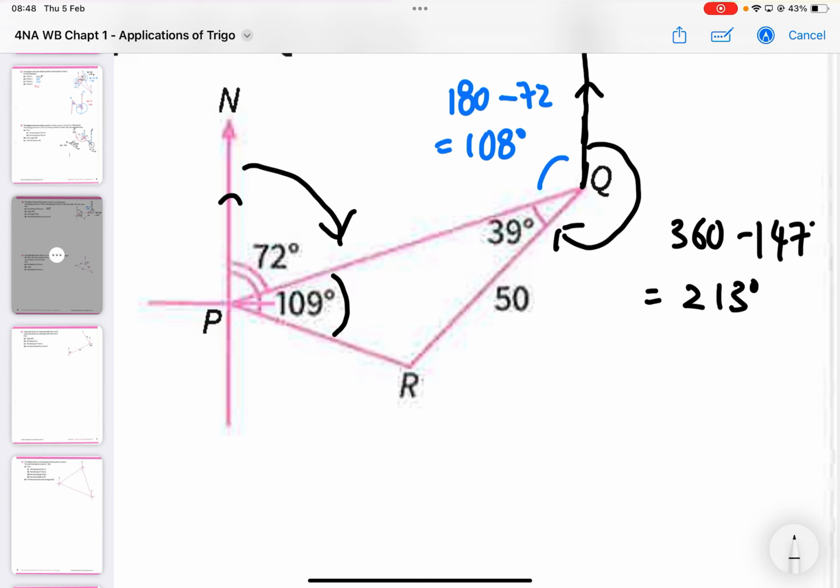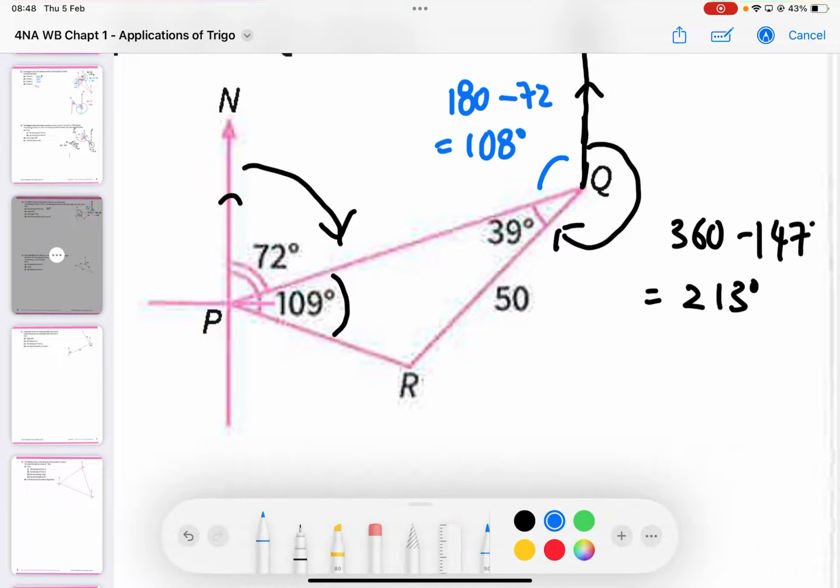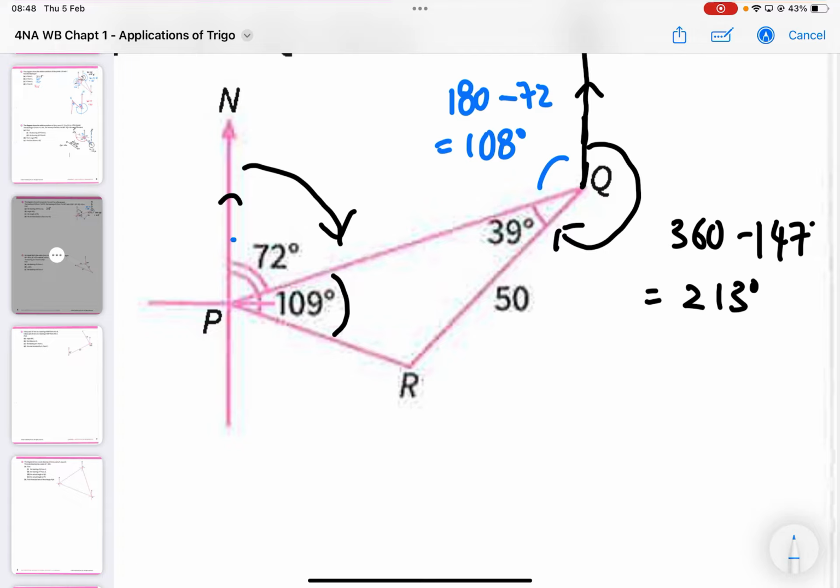I want to find this angle. I know this angle. Then I know here is a straight line. Here is 72. Here is 109. And the whole thing is 180. Okay, this whole thing is 180.